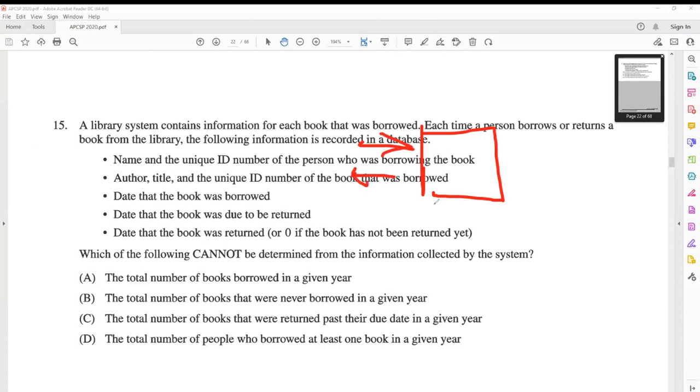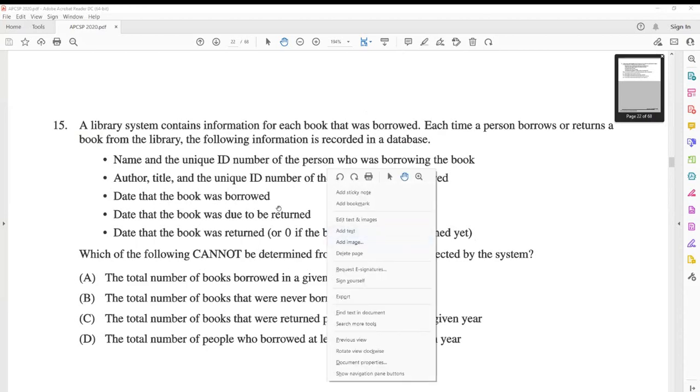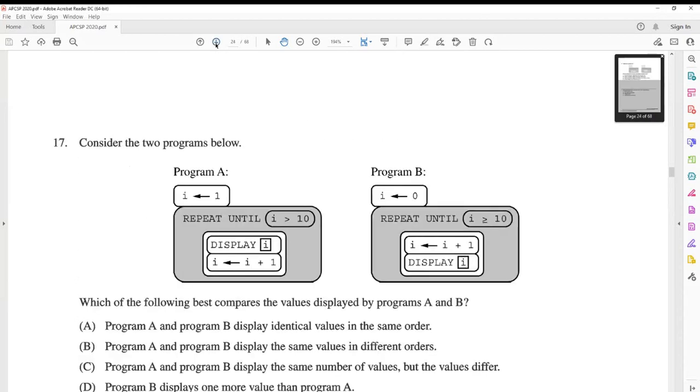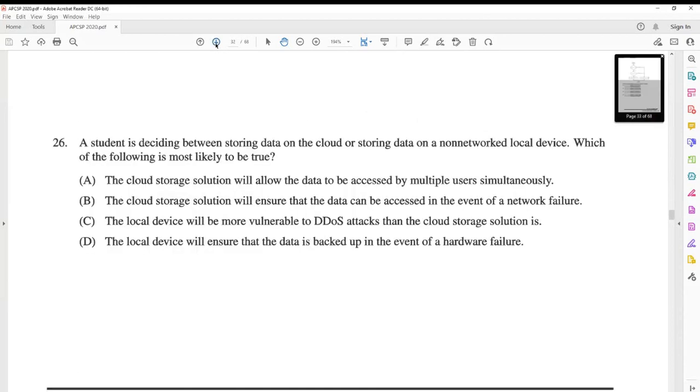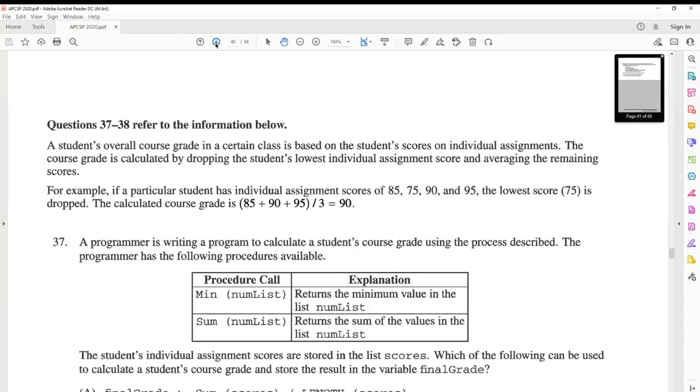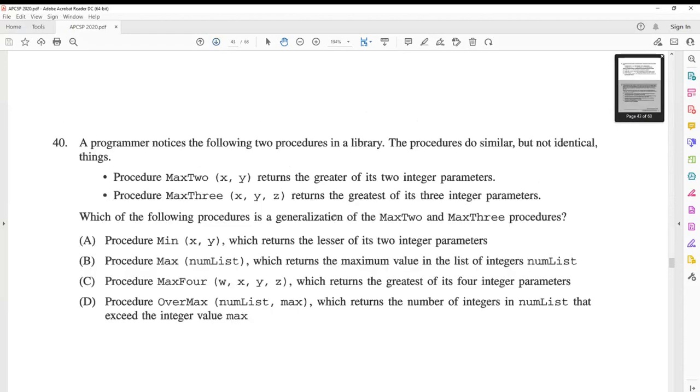But for a book that was not borrowed or returned in that year, you actually have no record. So this one is probably for testing. In a real library system, I don't think there is no record about each individual book. That's impossible. But anyway, we go by the data given by the exam.